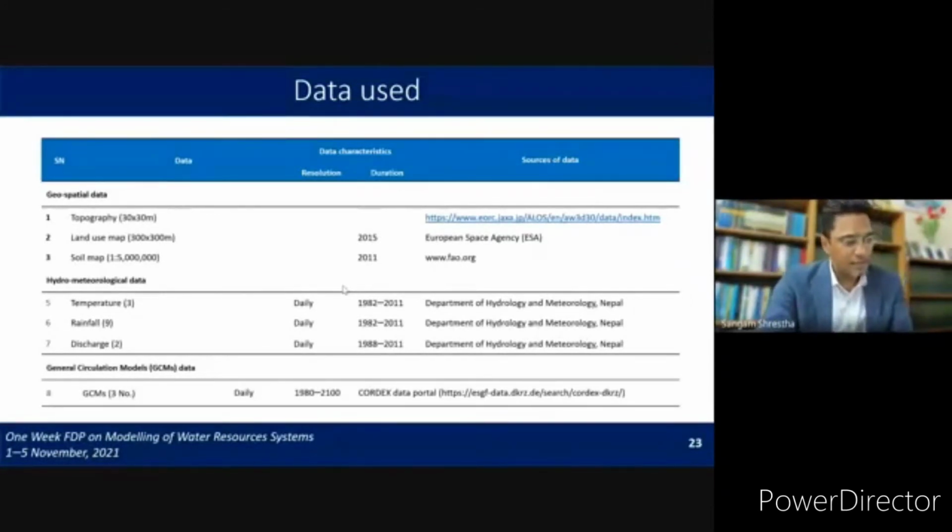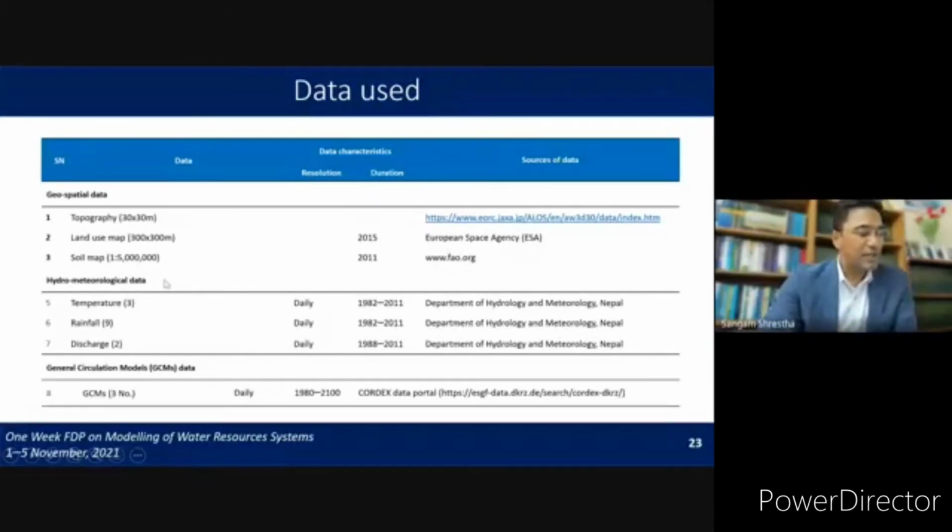As I mentioned, since the hydrological models are artificial representations of the hydrological processes of the river basin or watershed, and these hydrological processes depend on several characteristics of the watershed, such as topography, land use, soil type, and so on, that's why we have to use these kinds of data, like the topography, land use map, and soil map. They were obtained from these sources.